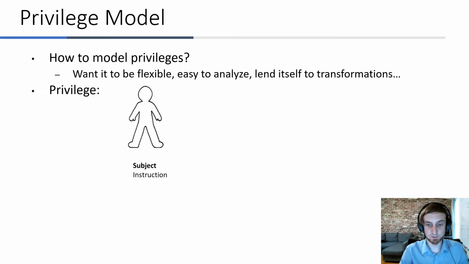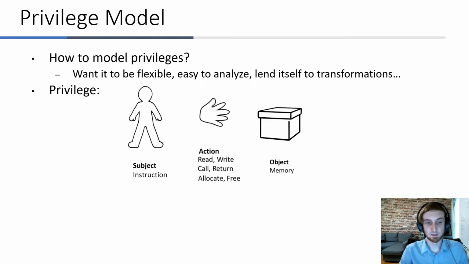In this model, a subject is an individual instruction, such as a specific load, call, or store instruction. A subject performs an action, which is a low-level assembly-level operation, such as a read, write, call, return, allocate, or free. And by allocate or free, we simply mean a call to an allocate routine or a free routine. And an action takes place on an object. Our object model is very simple, where any region of memory can be an object.